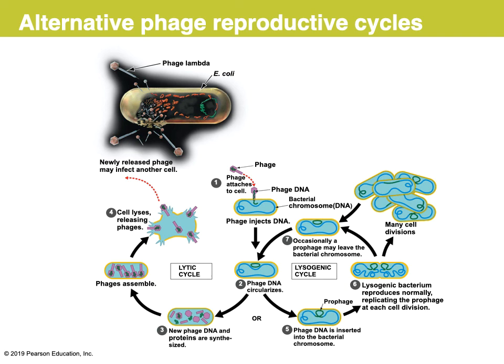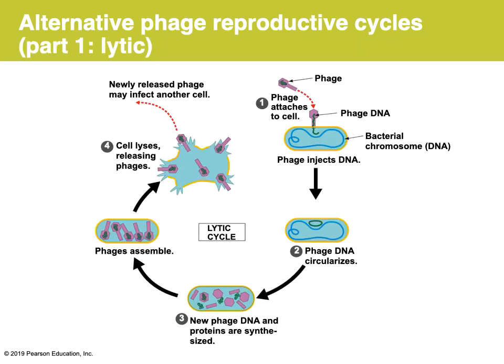Now, lytic is basically a pretty direct route. The phage attaches to the bacterial cell, injects its DNA. And here's the existing bacterial chromosome in a loop. That phage DNA circularizes and, in essence, destroys the bacteria's own DNA.